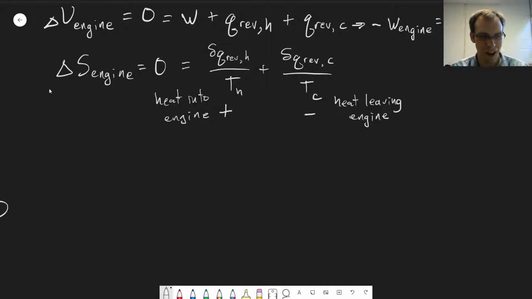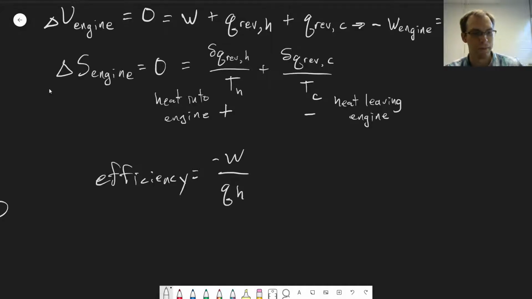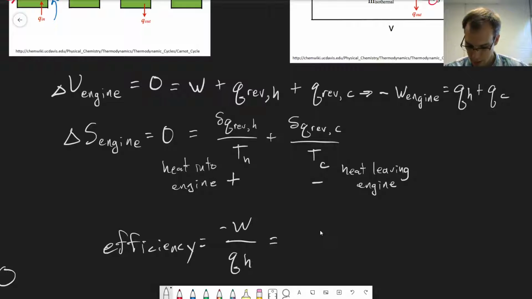So the way we define efficiency is how much work did we get out divided by how much heat did we put in. And so we can substitute our expression up here into this equation and say, okay, my negative work is QH plus QC, and then that's divided by QH.